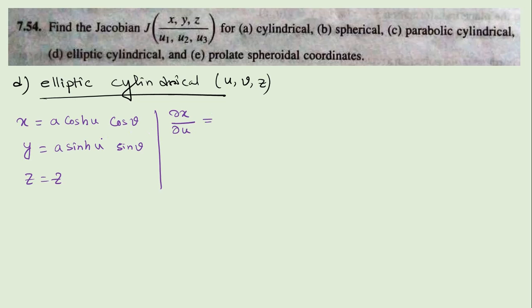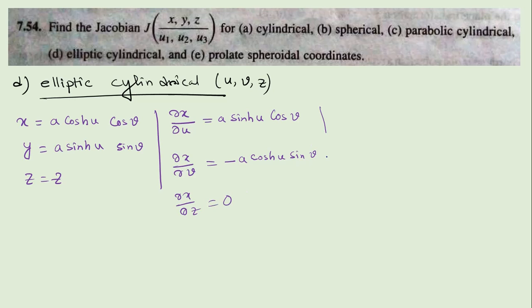So the derivative of cosh u will be sinh u, so ∂x/∂u is a sinh u cos v, ∂x/∂v is minus a cosh u sin v, and ∂x/∂z is 0.